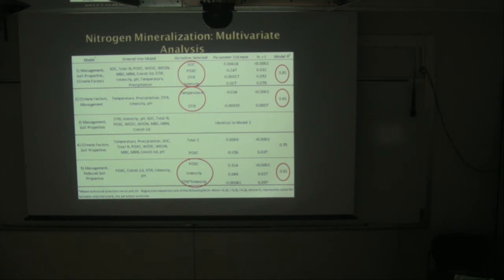And then in looking at a reduced model with just easily measured soil properties, this model with epoxy, cropping intensity, and the stir intensity interaction explaining only, again, 61% of the variation. So no better than just consideration of temperature and tillage intensity.